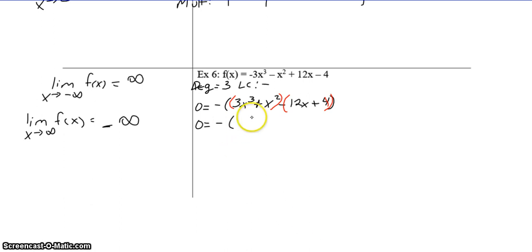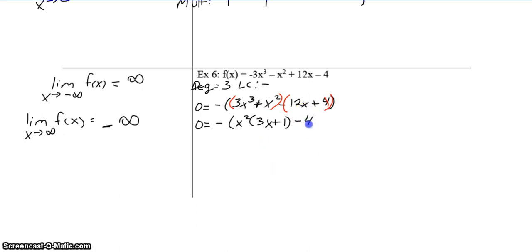So in the first set of grouping, I can take an x squared out, so x squared times 3x plus 1, minus the second grouping. What goes into 12 and 4?